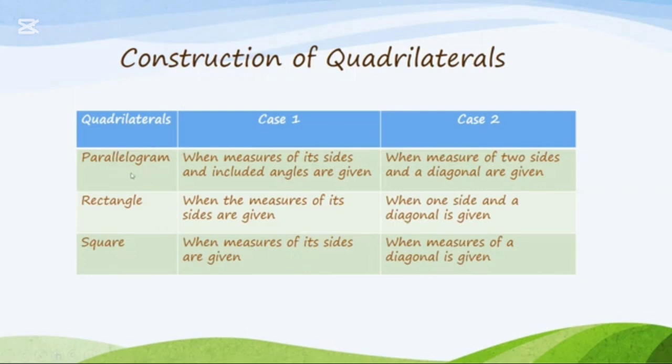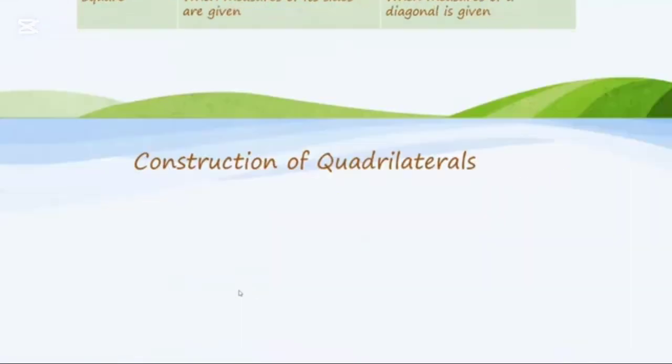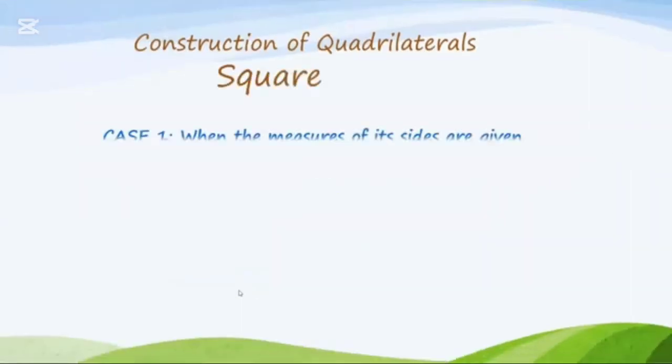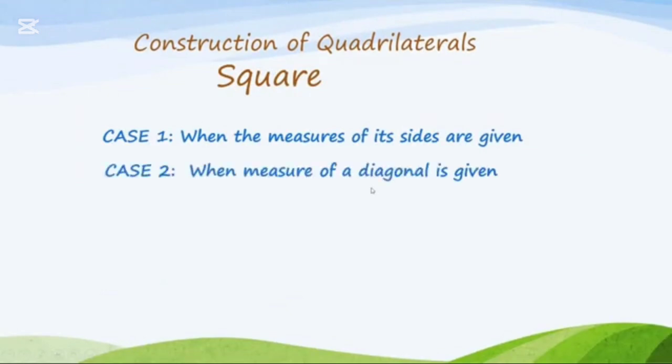We have discussed parallelogram, rectangles, and square, and there are two cases of each. Today we are going to discuss the construction of a square when the measure of its sides is given, and case number 2 is when the measure of the diagonal is given.